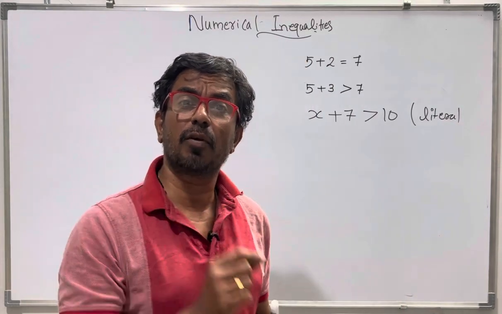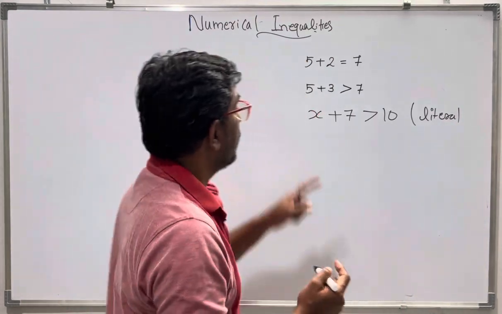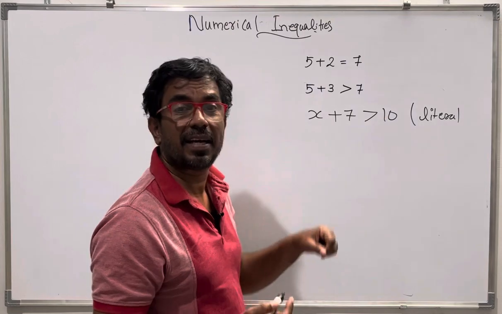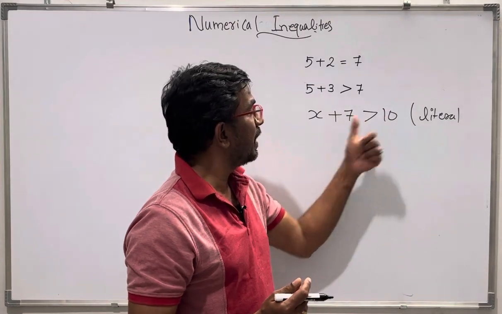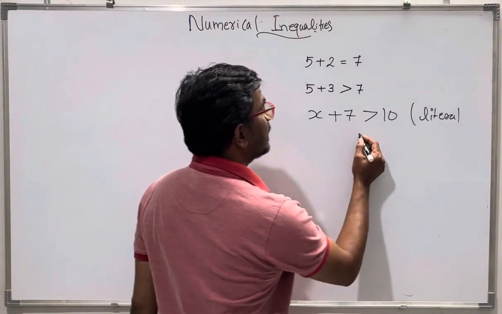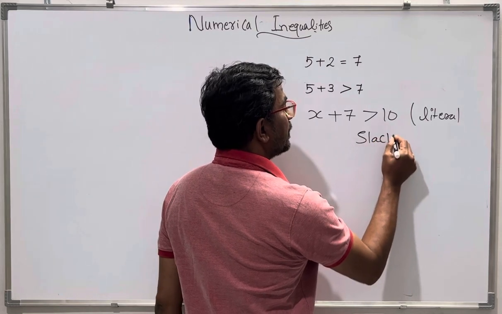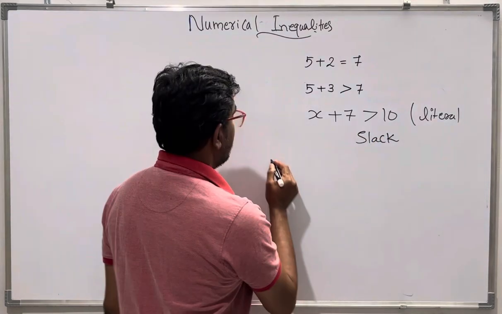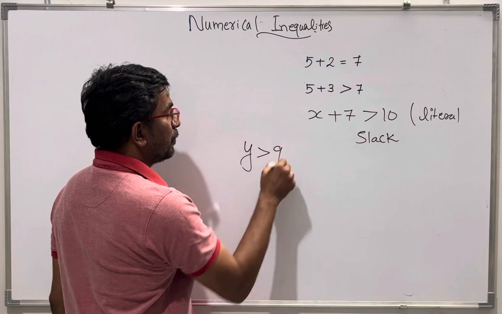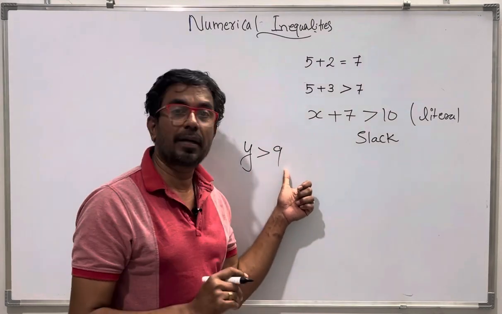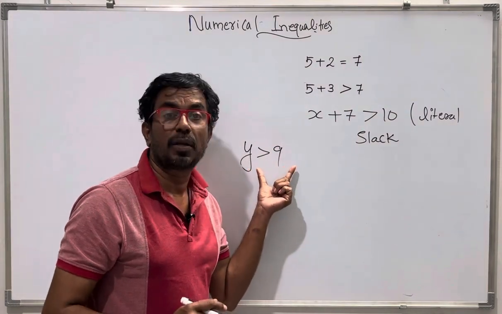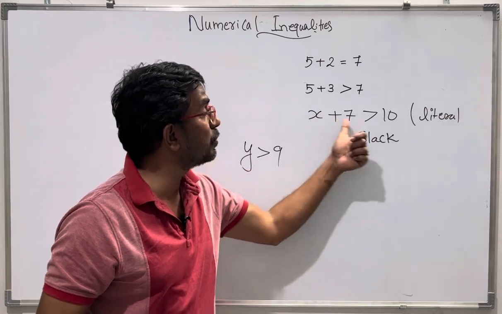If I say x plus 7 greater than 10, we will say it's a slack inequality. It's not very clear. If I write here x greater than 3, in one glance itself you will understand the meaning of this. Here you have to do some more work.